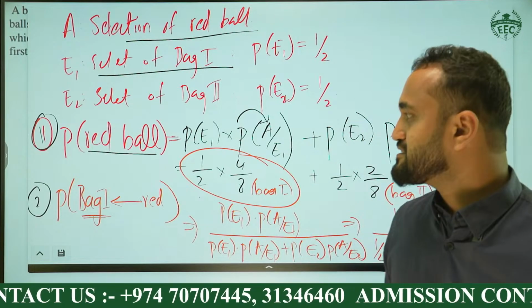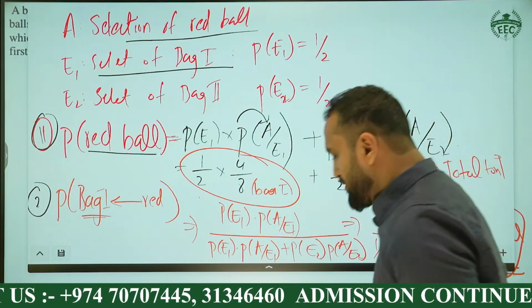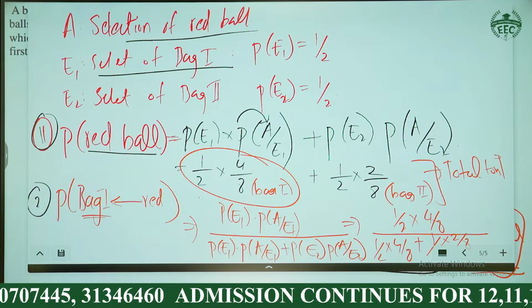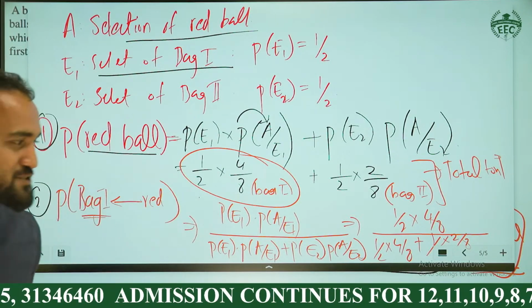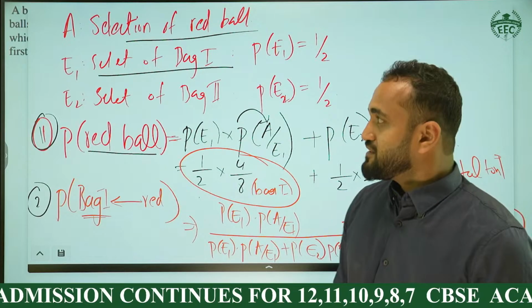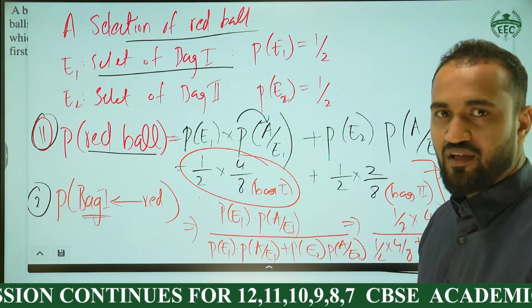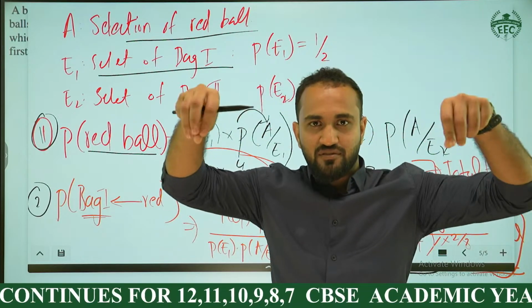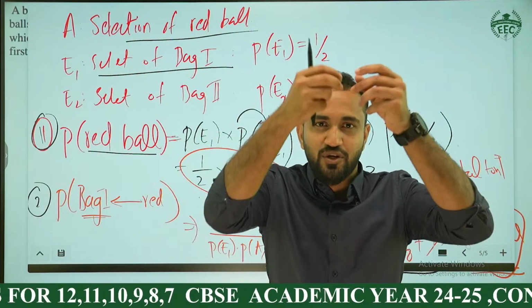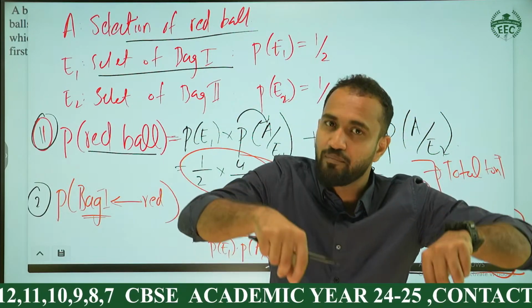Got the point, guys? This is something very, very important. Please tell me what are the things you have remembered while reading a question of this kind. The thing is that, number 1, there exists the first selection, the selection of bags. The second is the selection of balls inside the bag.